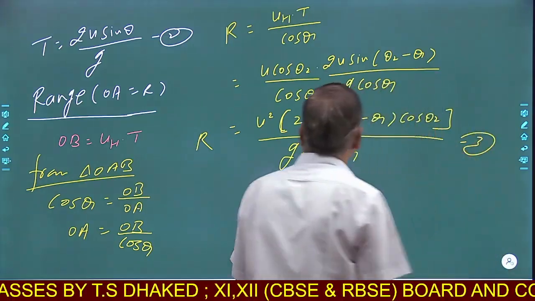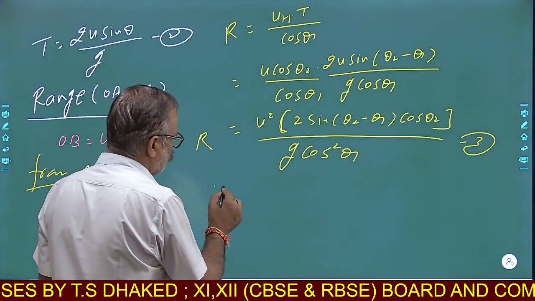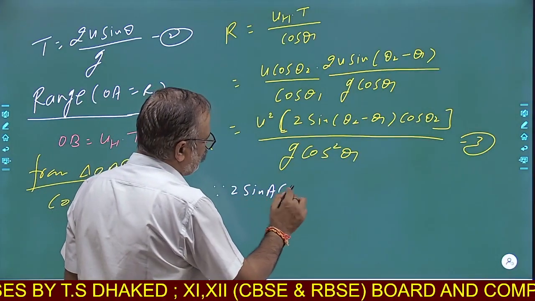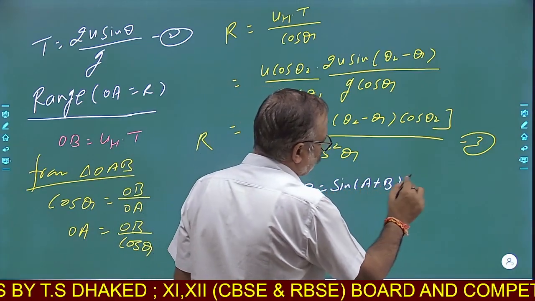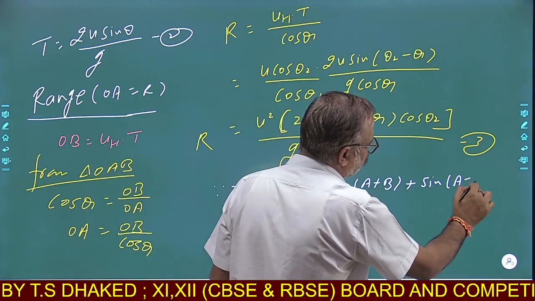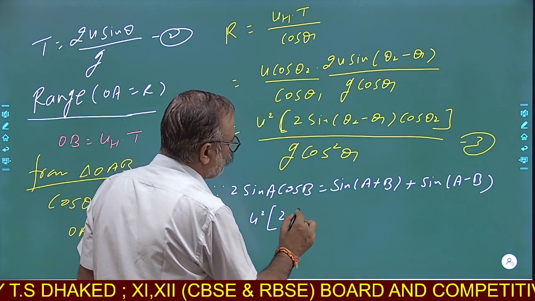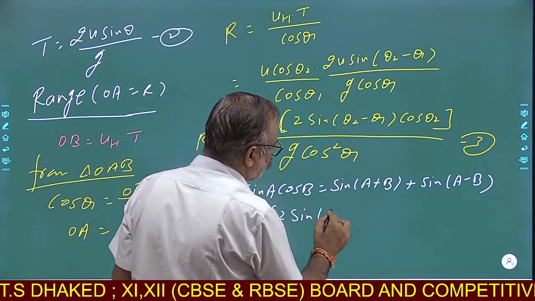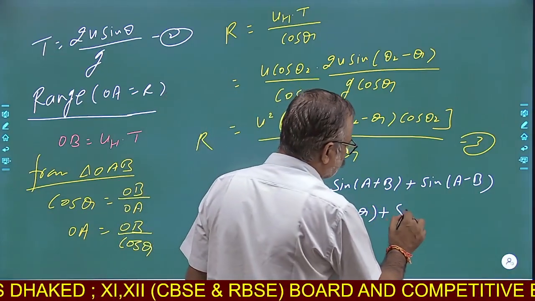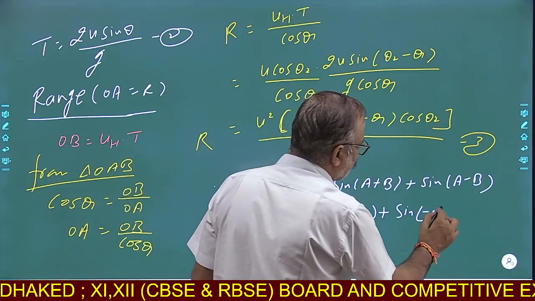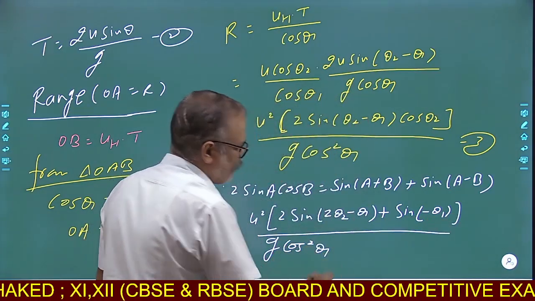From this term, 2 sin A cos B, you know that 2 sin A cos B is sin of A plus B plus sin of A minus B. So R is equal to U square upon G cos square theta 1 times sin of 2 theta 2 minus theta 1 plus sin of minus theta 1.